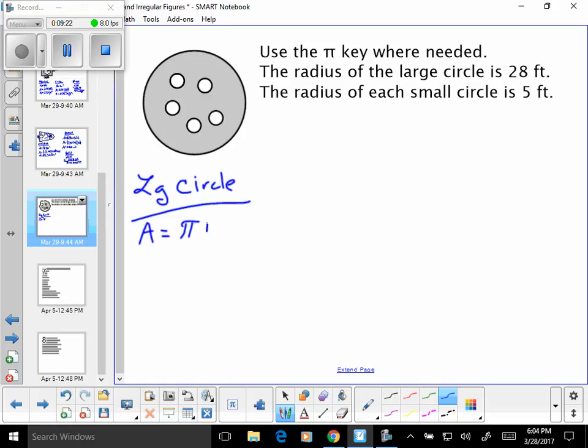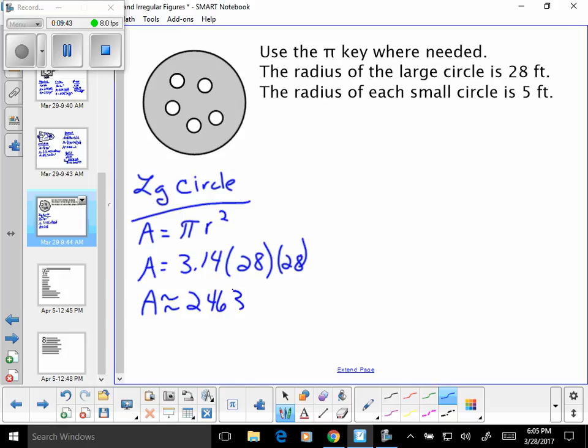It is pi r squared, 3.14, and I'm going to go with 28 times 28. Now when I put that into a calculator, this time I'm going to round it off a little bit, and I'm going to get 2463.0 feet squared.